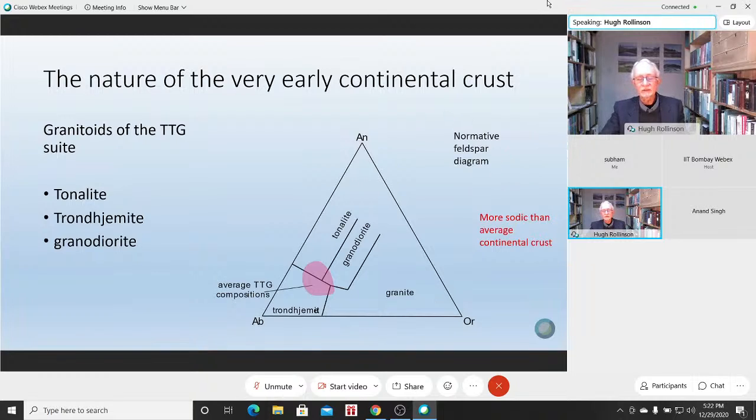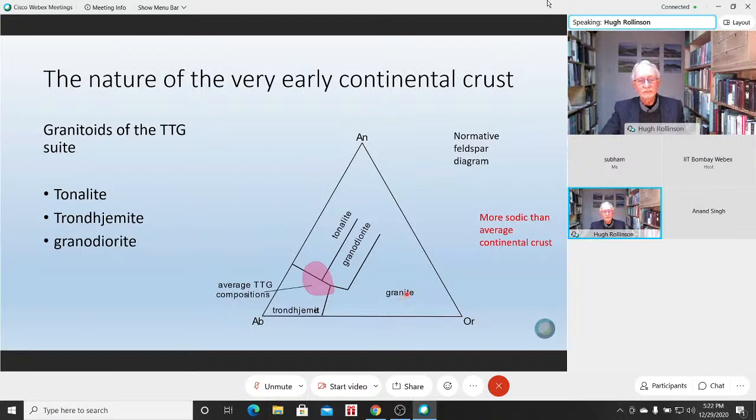And what we find is that we can classify granitic rocks using this diagram based on their normative feldspar content. So, for instance, tonalites plot in this field, trondhjemites, which are tonalites without much mafic component, plot down here, granodiorites plot here, and granites with a higher potassium feldspar content plot over here.